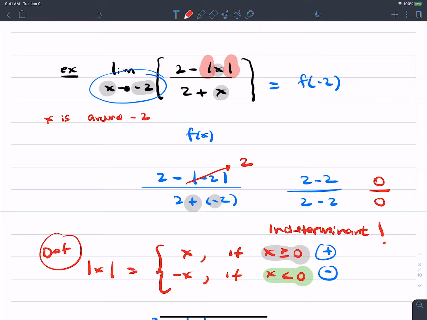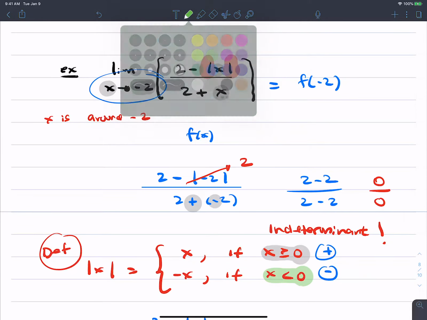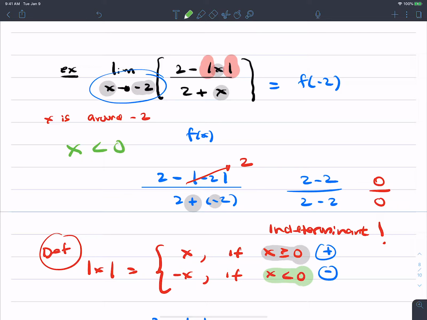And if x is around negative 2, since we don't know the direction, this is independent of direction, meaning they're not telling me left. It's not a left-handed limit or a right-handed limit. Here's what I mean by that. x is around negative 2. So as we approach from the right and as we approach from the left, here's what I want you to notice: x will be negative.